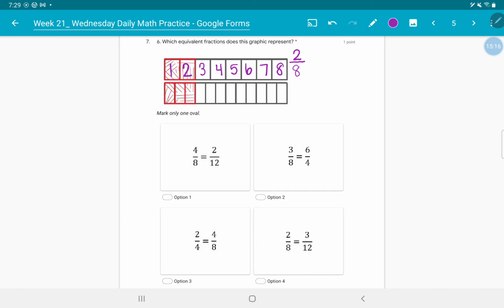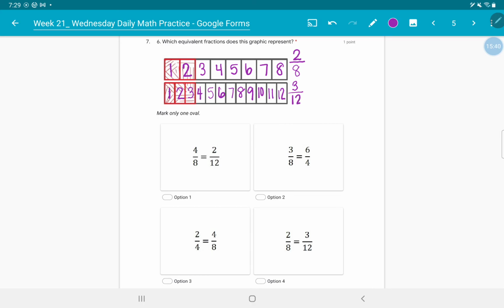If we look at our second model, I have 1, 2, 3 pieces shaded, so my numerator's 3, 4, 5, 6, 7, 8, 9, 10, 11, 12.